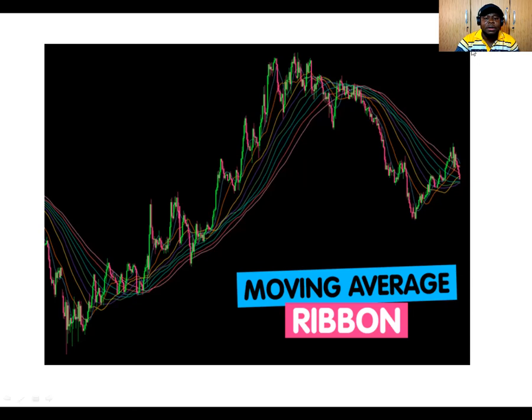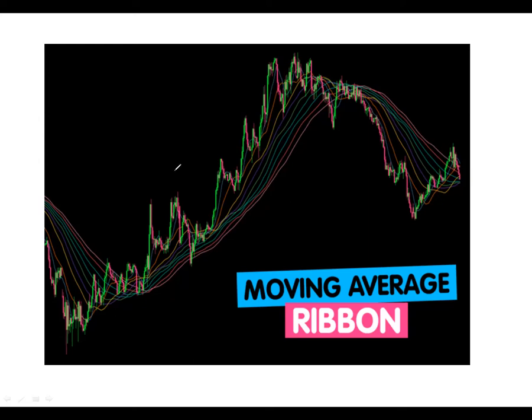It is the same way with moving averages. The concept of the moving average ribbon is very simple. We have multiple moving averages. You put as many moving averages as you want on the chart, and when these moving averages all tend to one direction along with the market, then you know that this is the trend of the market.